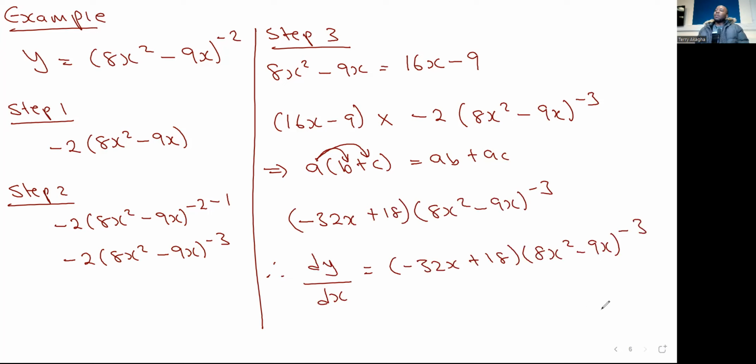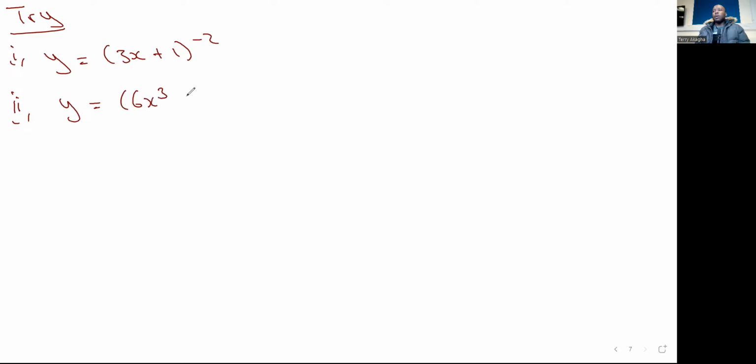Good. All right, so I'm going to give you some examples to try. You can try these questions and see if you can solve them. We have y is equal to 3x plus 1 raised to the power minus 2. This is similar to the simple bracket from the last video. Then we have also y is equal to 6x cubed plus 1 all raised to the power minus 4.